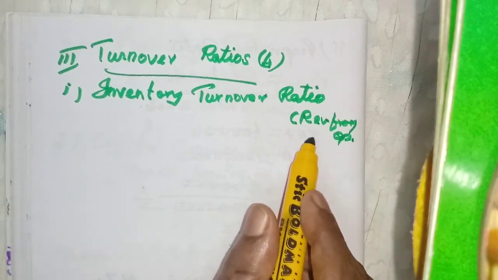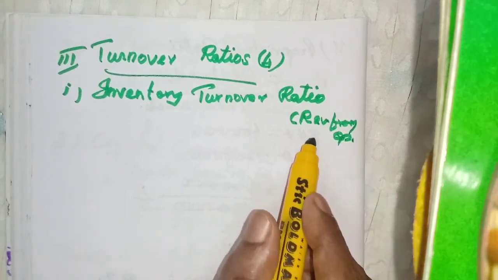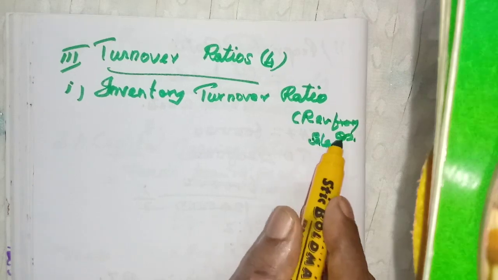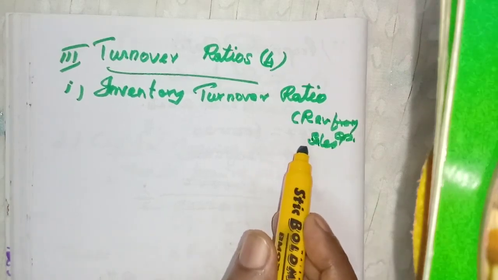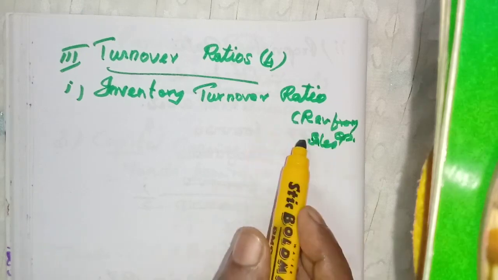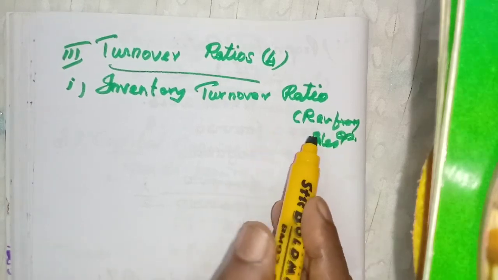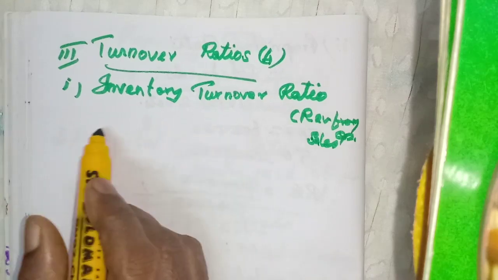Okay, sale. But here we have to calculate the cost of goods sold. That means cost of revenue from operations. Okay, so cost of revenue from operation.